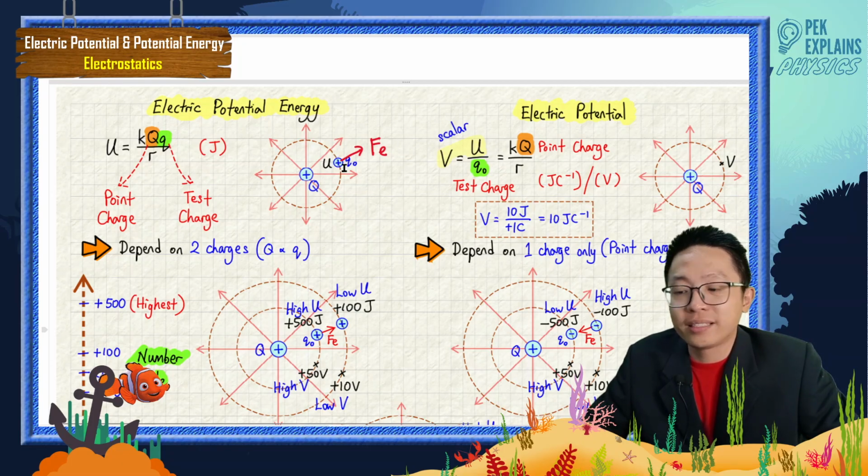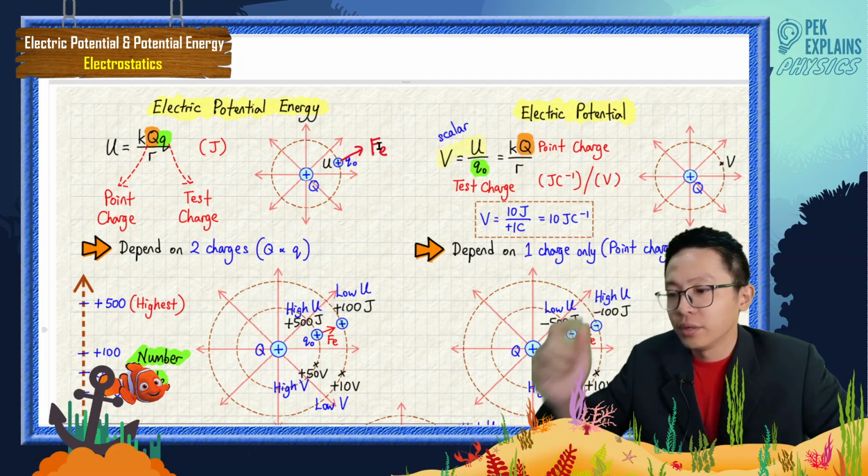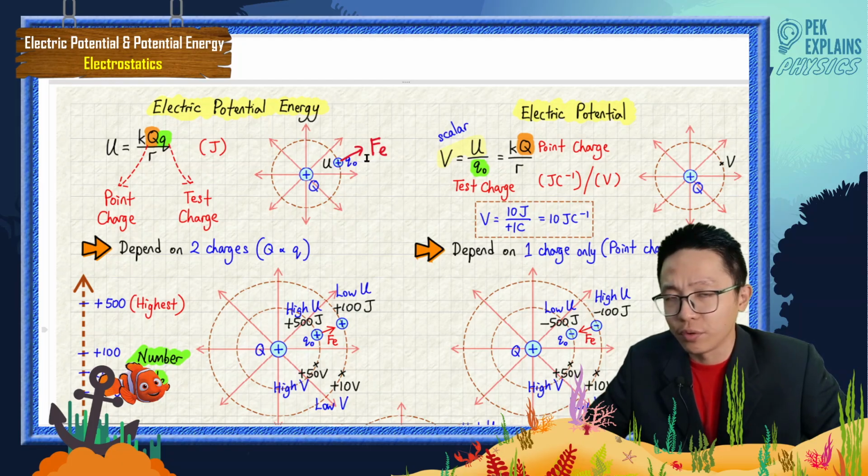Because this test charge possesses electric potential energy. So when it accelerates away from the point charge, the electric potential energy converts to kinetic energy. Understand that? So because of the repulsive force, this test charge possesses electric potential energy.